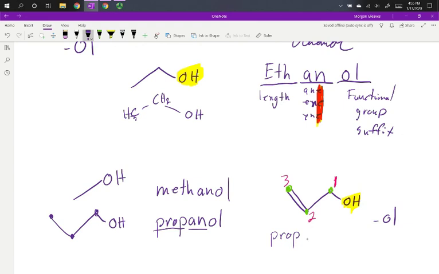Remember, if you had a double bond, you had to tell where it was. So it's a propene, definitely going to have an EN in there, but it is a 2-position ene, and it is a 1-position ol. Prop-2-en-1-ol. And so we can include double bonds and even triple bonds.